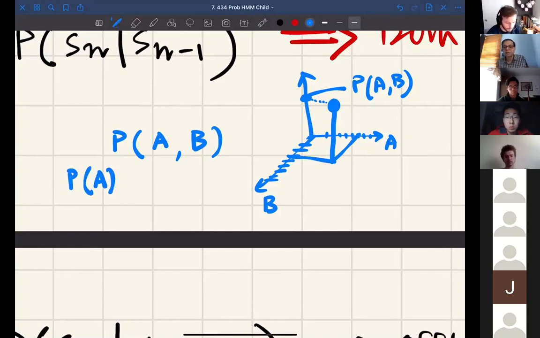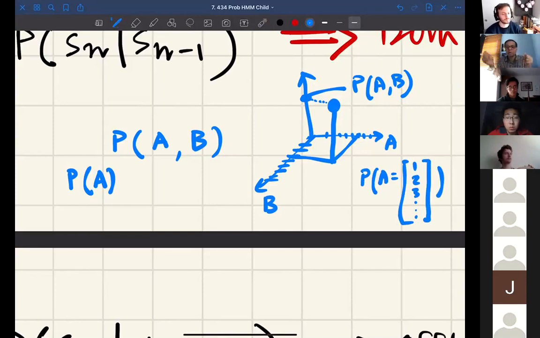Remember, A is a vector, which means what I want is P(A equals 1, 2, 3, all the way till 5 or till 10. Means I want P(A equals 1), P(A equals 2), P(A equals 3). I want those probabilities.